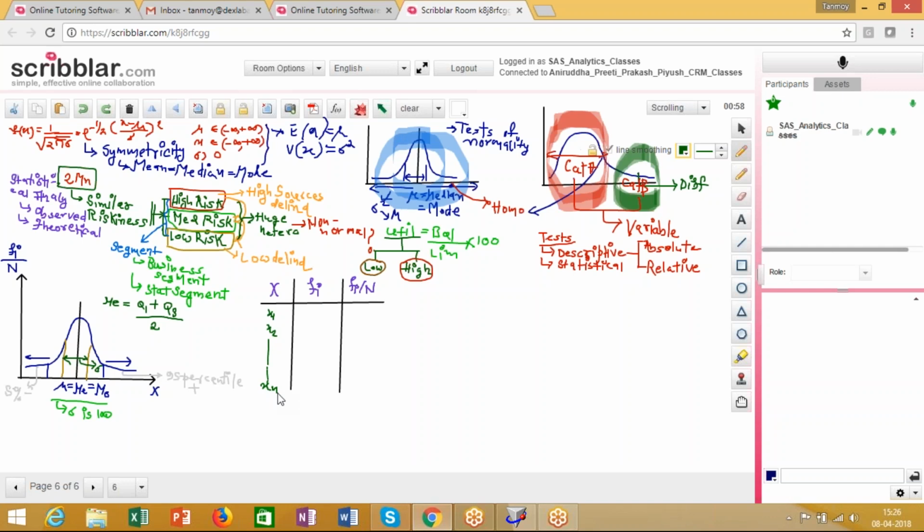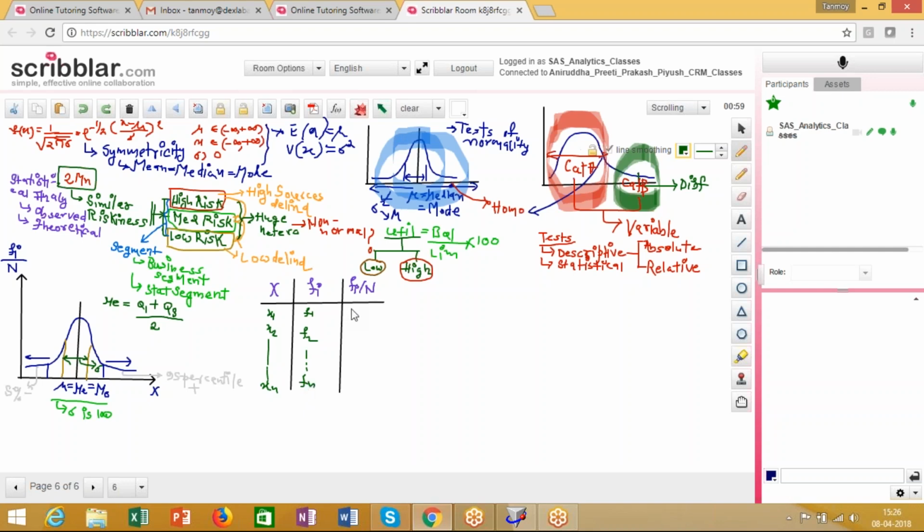Similarly, we'll have frequency distributions: f1, f2, like this up to fn.